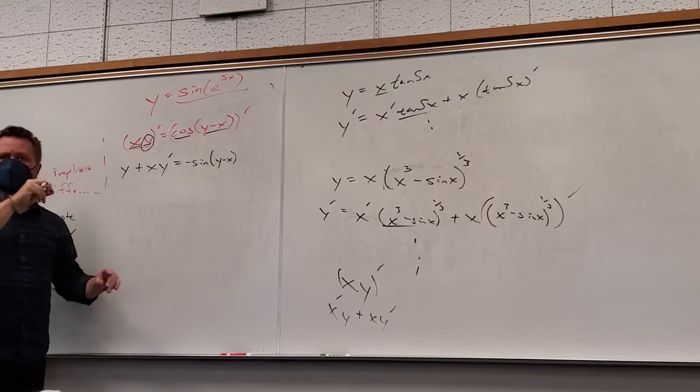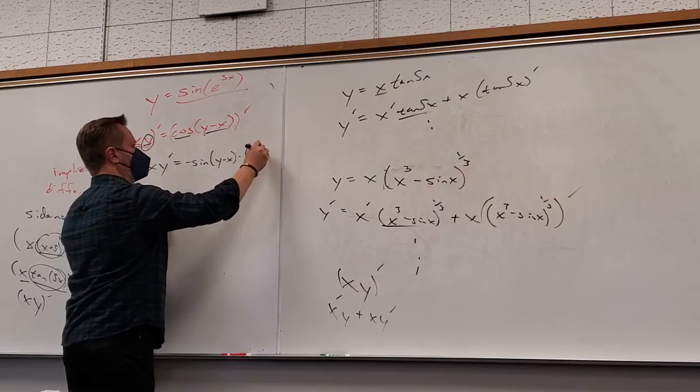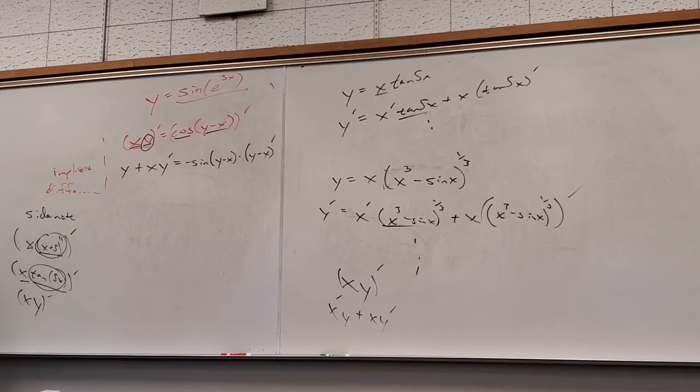And then what else has to happen? The derivative of the inside, the derivative of y minus x. Again, you don't have to know ahead of time what's going to happen. You don't have to do it all at once. That's insanity. I just know whatever is inside, I have to take its derivative next. Let me just tell myself to do that and then do it next.